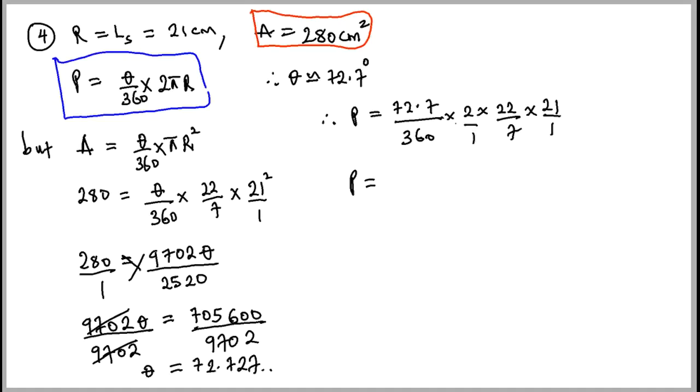72.7 times 2 times 22 times 21 should give us 67174.8 all over 360 times 1 times 7 times 1 will give us 2520.